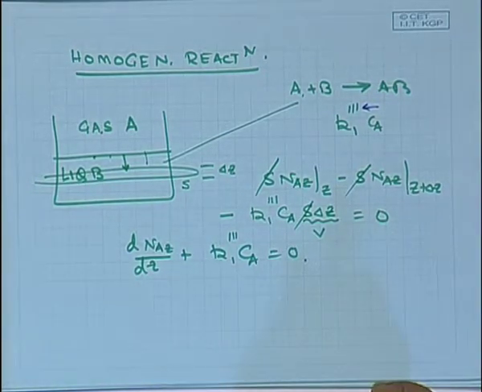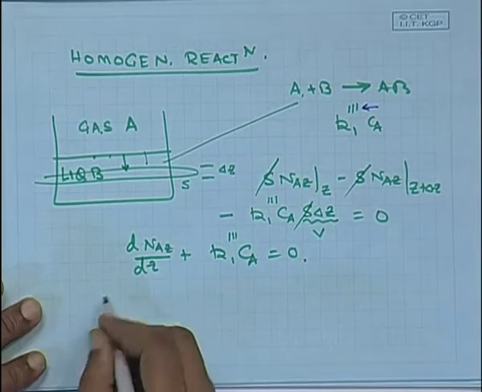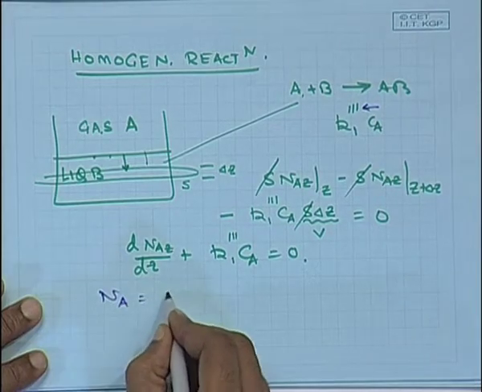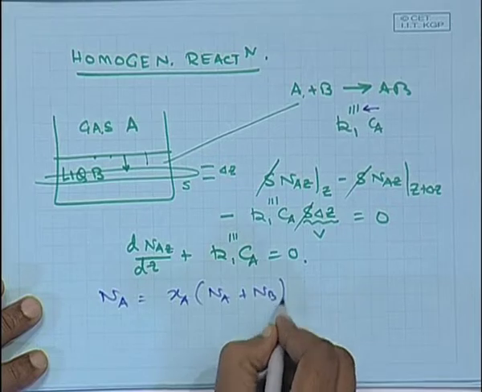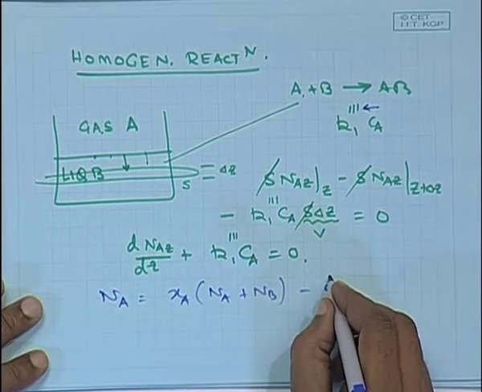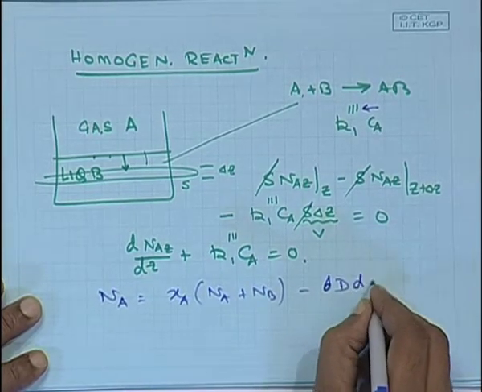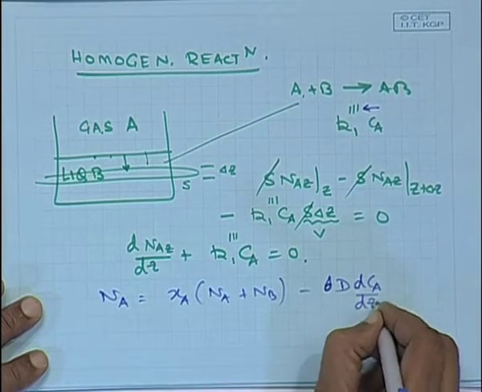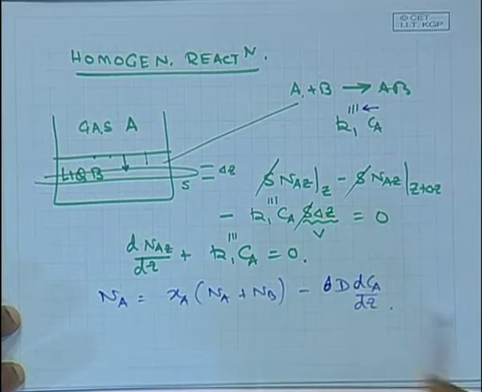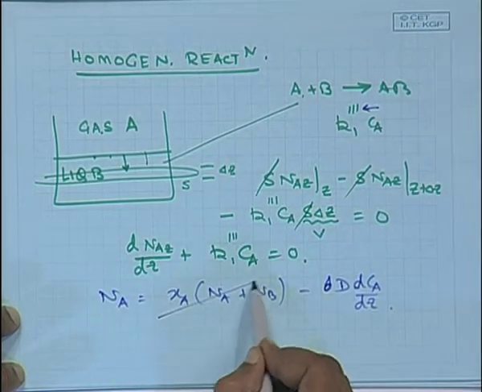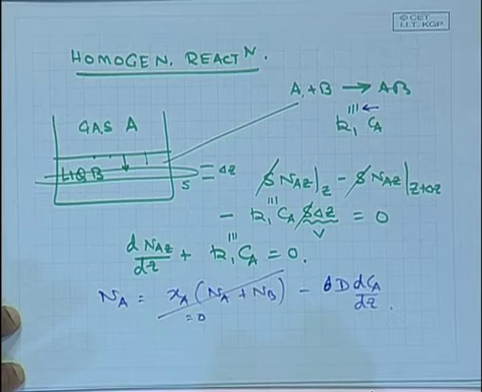Okay. Now, how do you solve this problem? If you look at this expression as before, Xa (Na plus Nb) minus D dCa by dZ. As I mentioned, in some cases this part would be equal to 0.